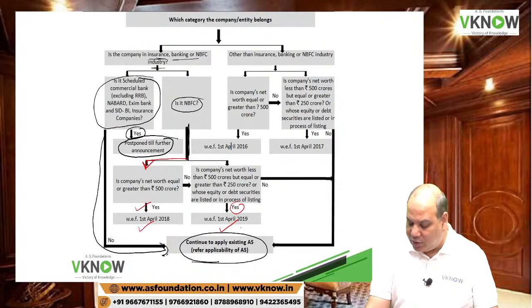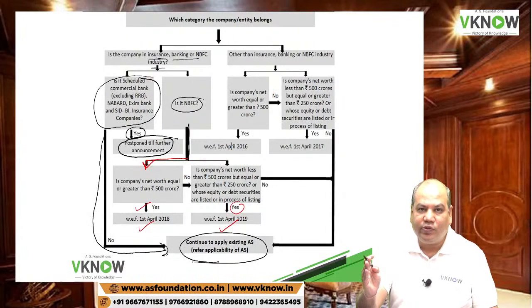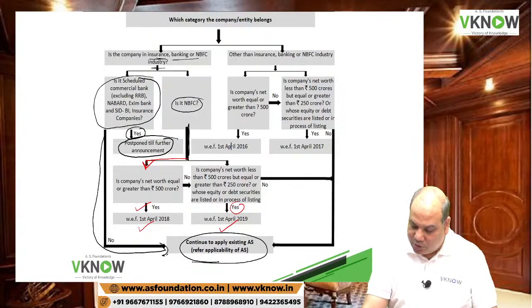So listed entity or net worth 250 crore and above, or in the process of listing NBFCs, they have come under the Ind AS net, right? But suppose you are neither bank, nor insurance company, nor NBFC, then earlier there was a criteria of 500 crore.